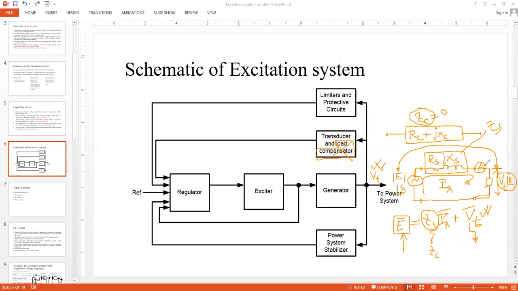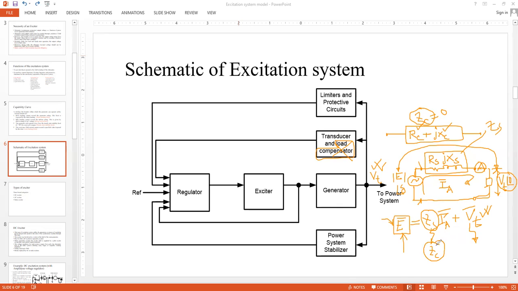If we are interested in some voltage which is closer to the generator, from the terminal closer to the generator, then you put RC and XC positive, because in that case you are looking for some voltage higher than the terminal voltage. So you have to allow some drop to get that voltage.